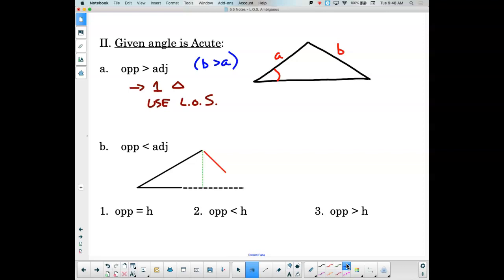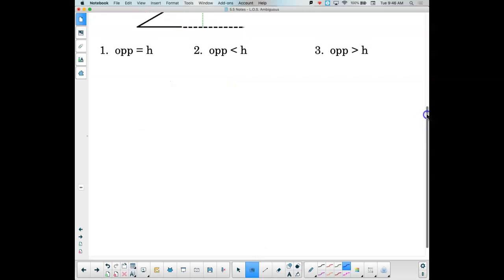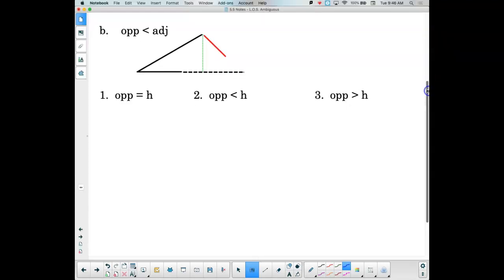It's this next one. Here's my given angle. Here's my adjacent side. There's my opposite side.